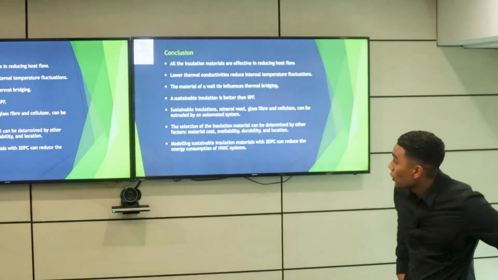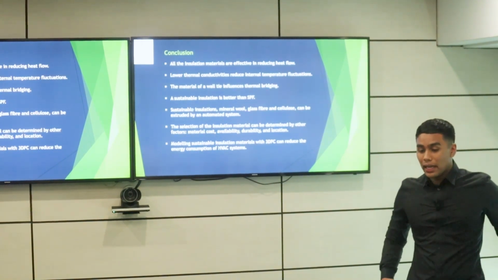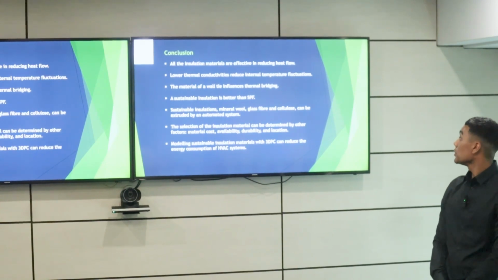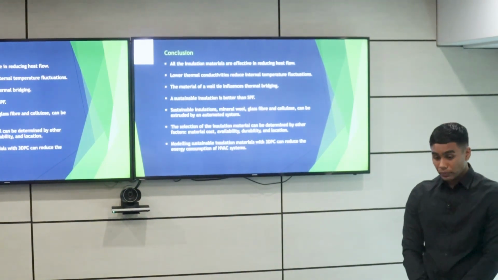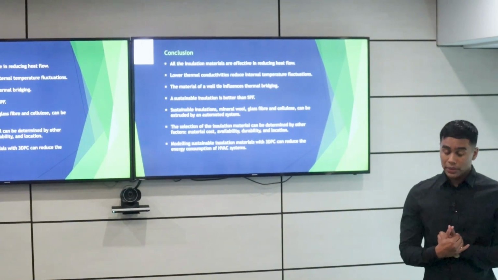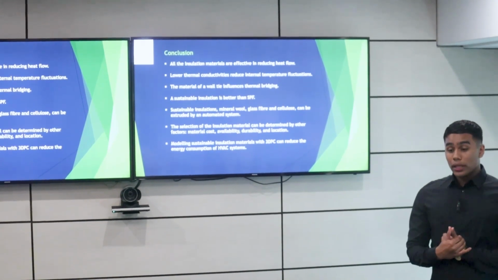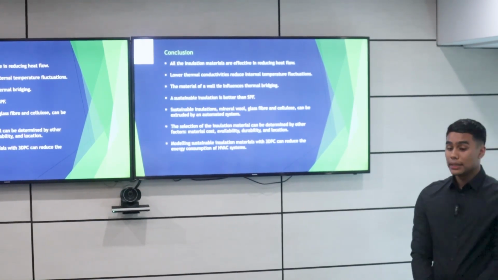Following my results, I conclude that all the insulation materials are effective in reducing heat flow. Lower thermal conductivities reduce internal temperature fluctuations. The material of a wall tie influences thermal bridging. A sustainable material is better than spray polyurethane foam. Sustainable insulations, mineral wool, glass fiber, and cellulose can be sprayed by an automated system.